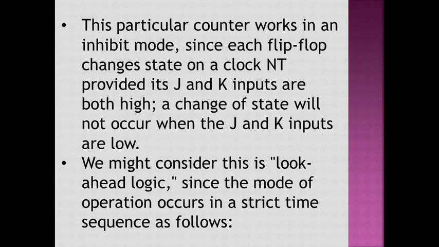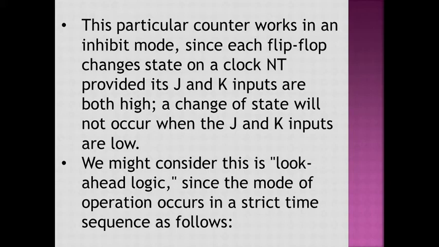This particular counter works in an inhibit mode, since each flip-flop changes state on the clock negative transition provided its J and K inputs are both high. A change of state will not occur when the J and K inputs are low. That means when J is equal to 0 and K is equal to 0, this is the no change condition.